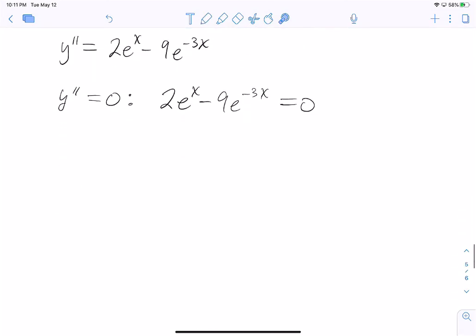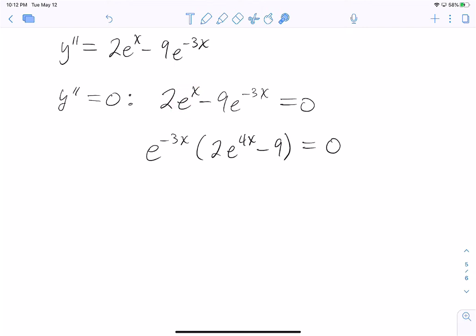I find the easiest way to deal with a situation like this is to factor out the greatest common factor. And if you remember from algebra, when you have the same base, we're going to factor out the smallest exponent. So I'm going to factor out e to the negative 3x, and what I'm going to be left with is 2e to the 4x minus 9 is equal to 0.